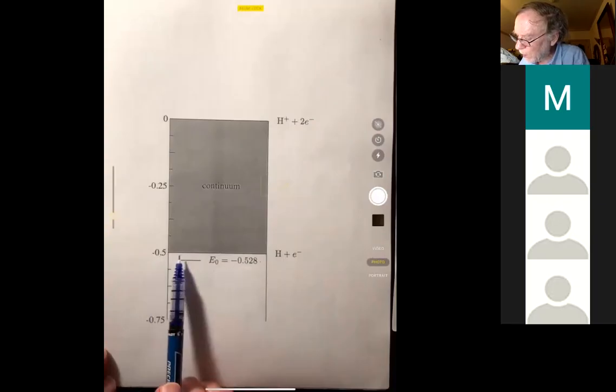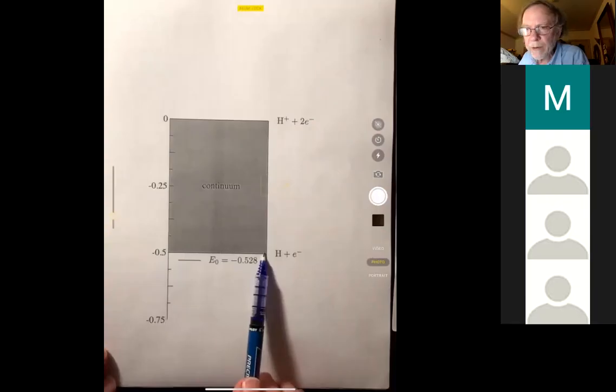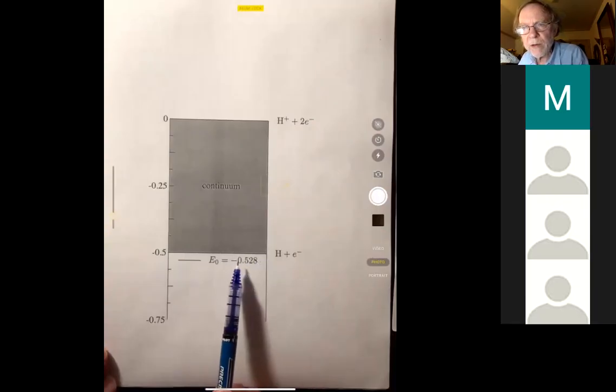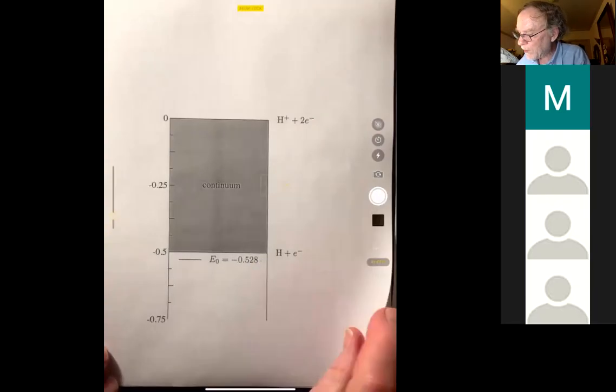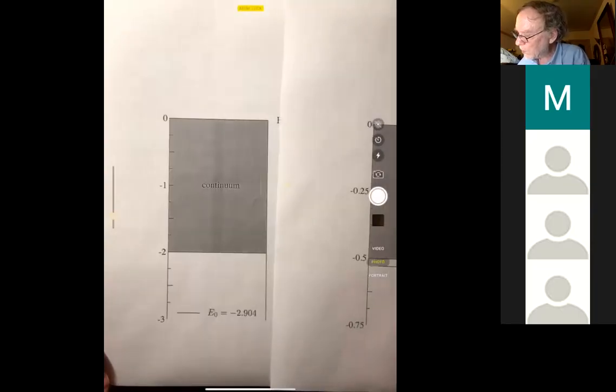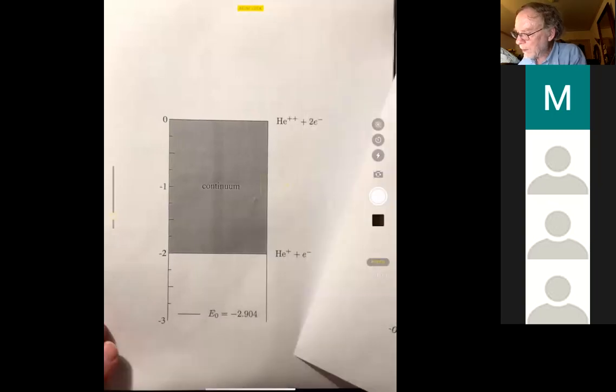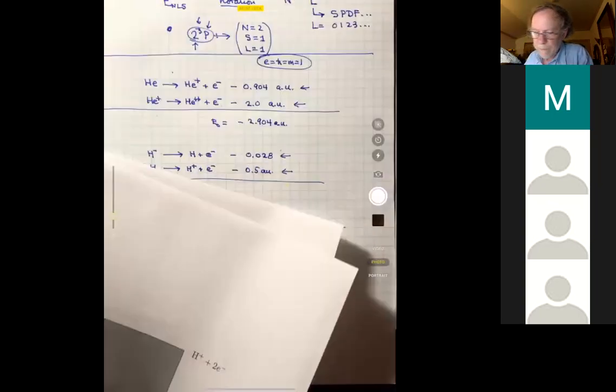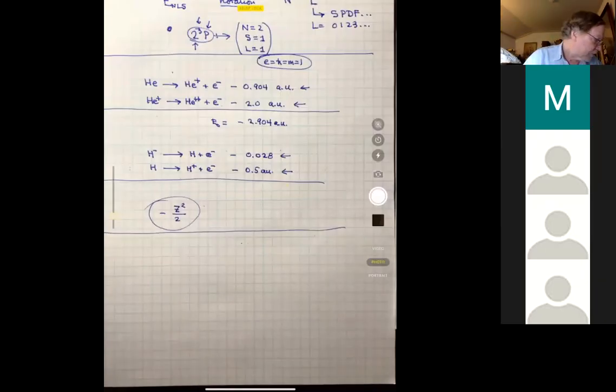It's only slightly below the ground state energy of hydrogen itself. You see, the binding energy is rather small. So if you compare these two, you can see that this is much more weakly bound, relatively speaking, than the case of helium, the second electron. All right, so that's some of the data that comes from ionization potentials.